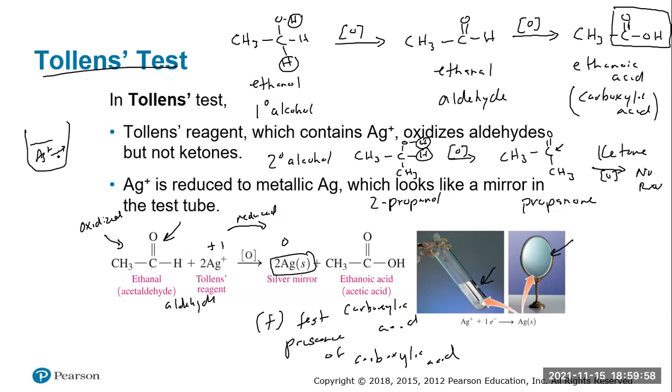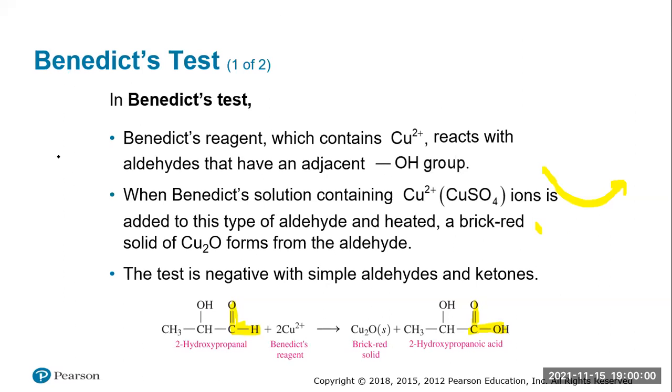Another test that I think you do in lab is the Benedict's test. The Benedict's test is also a test you could use to determine if you started with an aldehyde, say, versus a ketone. Same thing here, the copper gets reduced. It goes from copper with a +2 charge to copper with a +1 charge.